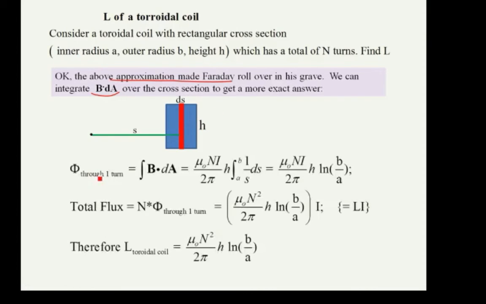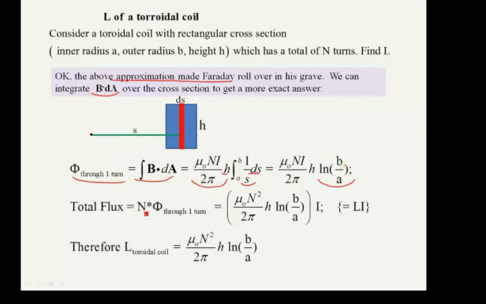So if we take the flux through one turn, it would be B dot dA, and we take the area element that I showed here, and so here's our h, and here's our ds, and we take our B dependence on s, which is 1 over s. So all the constants come out, and we're just left with 1 over s ds, and we integrate from the inner radius to the outer radius. So when you do that, you get the logarithmic dependence on those two parameters.